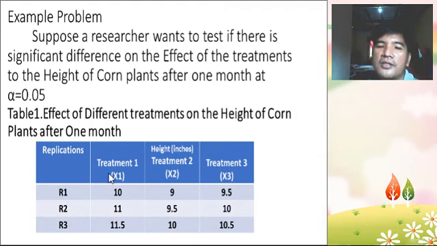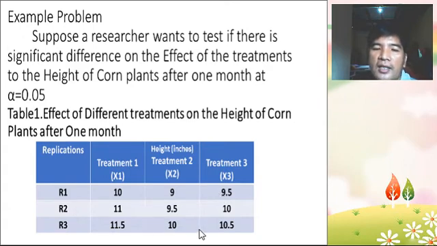For treatment 1, the height of the plant in inches after 1 month is 10 inches. This one is the score for T1R1, or treatment 1 replication 1. For treatment 2 replication 1, we have 9 inches. For treatment 3 replication 1, or T3R1, it is 9.5.